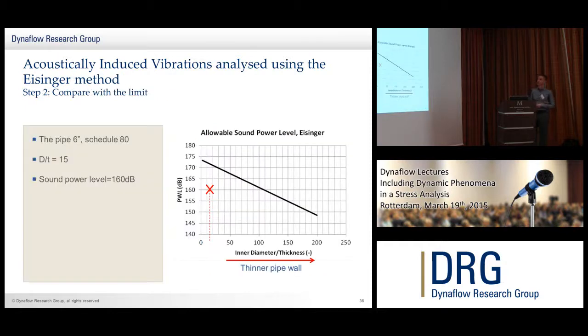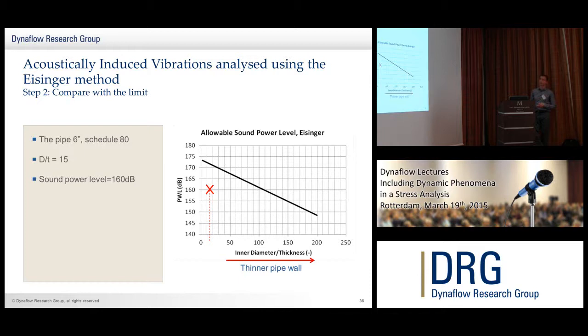If we compare that limit, it gives us this straight line. Remember from the previous data, this was where the failures occurred, and this is where there were no failures. Okay. And what we're doing is we compare our sound power level of 160 dB with that limit. Now, what is important here is what is the D over T ratio of our pipe.